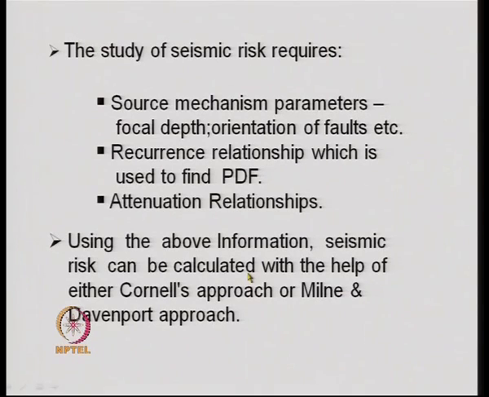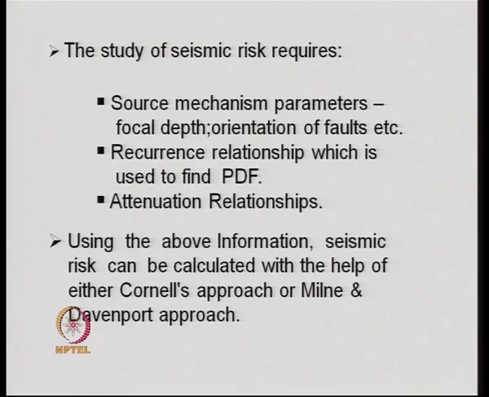The study of seismic risk requires source mechanism parameters, that is the focal depth, orientation of fault, etc. Recurrence relationship, which is used to find out the probability density function of the magnitude of earthquake, that is what we have seen before, and the attenuation relationships.